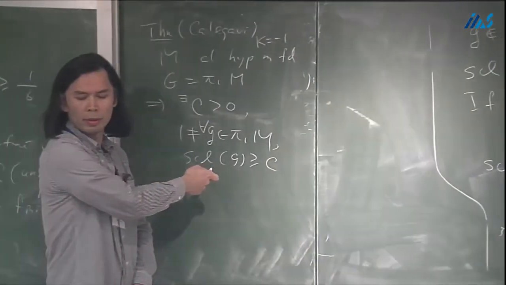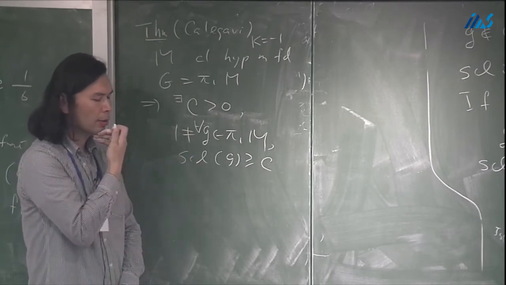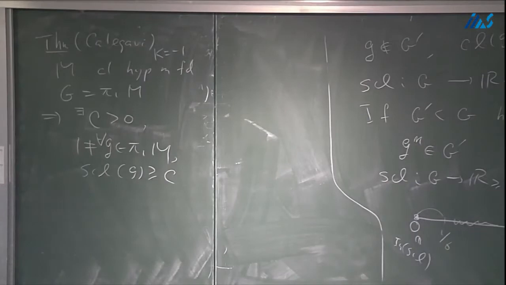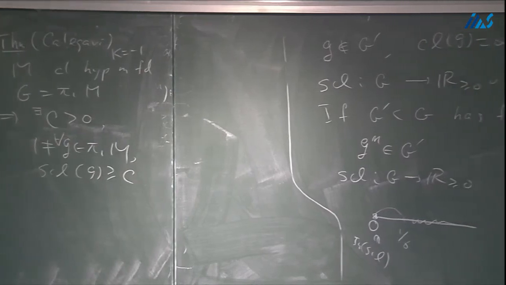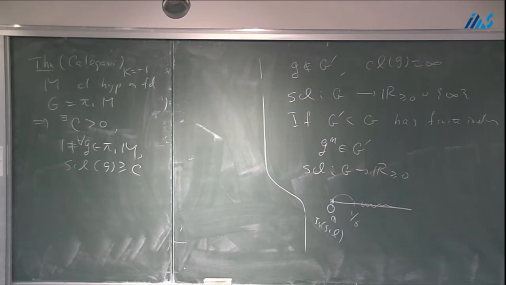No contradiction. Oh, you're right. Dimension 1 is fine too. But for high dimension, aren't pi_1 the higher-dimensional hyperbolic lattices? Yeah. Didn't we say that lattices have... This is higher rank. This is rank 1.